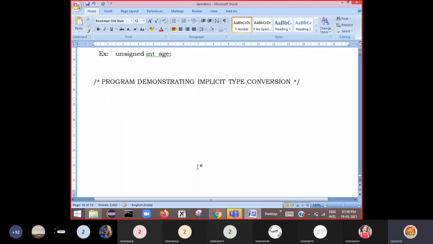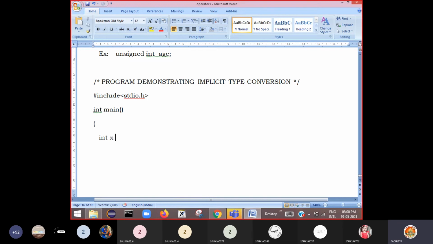So what is the next line to be included? Quickly, I'll take another 2 to 3 minutes. Please bear with me so that we can complete this implicit type conversion example. So write main, then begin the main here. Now I'm declaring three variables.